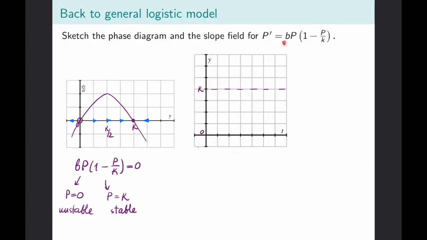If you plug in a few numbers somewhere in between 0 and k, for example, if you plug in k over 2 for p, what we are going to see is that the solution curves will look something like this if you start with the value p naught between 0 and k, something like this if you start above, and something like this if you start below.